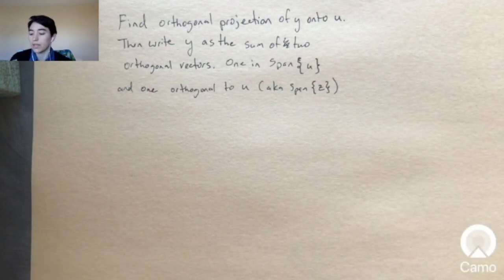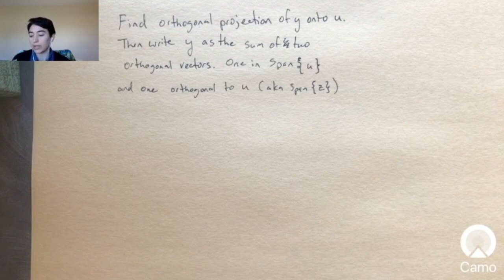Find the orthogonal projection of y onto u, then write y as the sum of two orthogonal vectors, one in span u and the other one orthogonal to u, which is the same as saying span of z in this case.